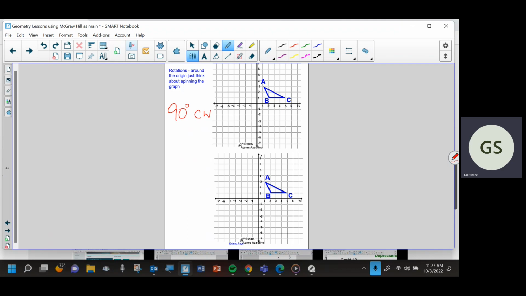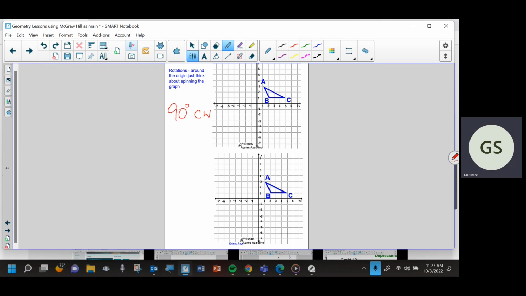Because if I rotated this whole thing, this doesn't get any farther away from the axis. It just moves down with the axis. So it's going to be 1 unit away on the left. If it's 3 units long, it's still going to be 3 units long down here. So some of those things don't change, and you can use that to figure out where it goes.